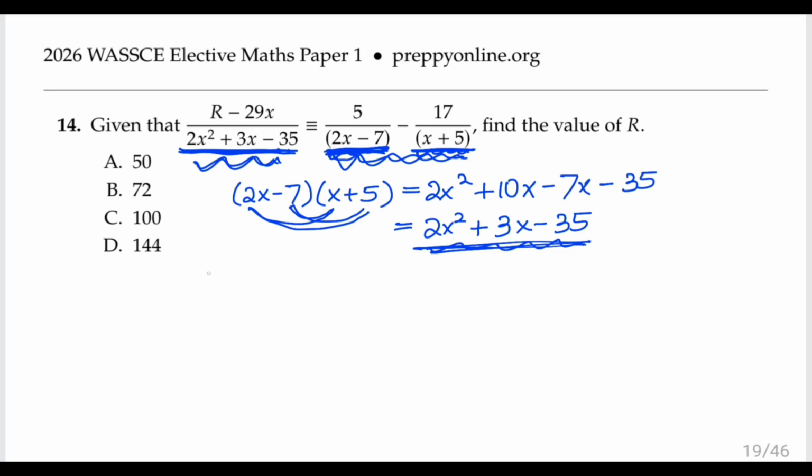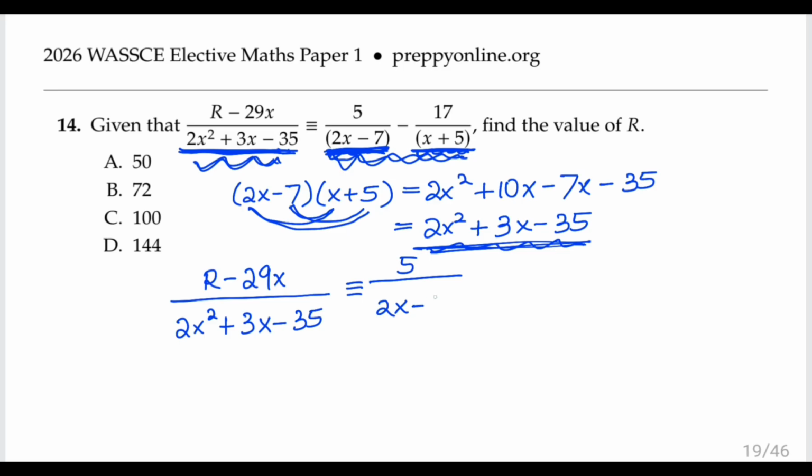We have r minus 29x over 2x squared plus 3x minus 35, and this is equivalent to 5 over 2x minus 7 minus 17 over x plus 5.